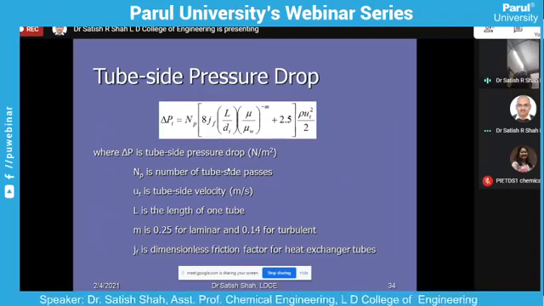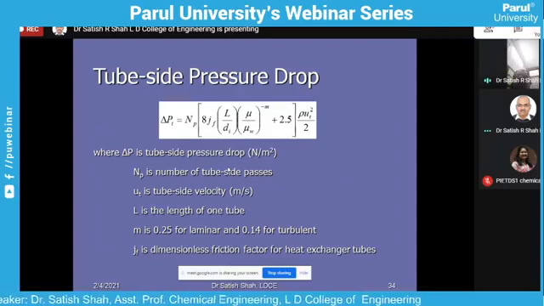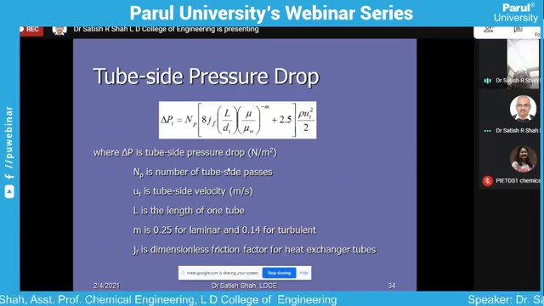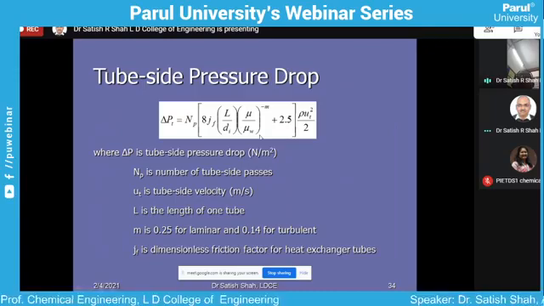Similarly, you can calculate the pressure drop on the tube side also using this formula. What is the pressure drop formula? Delta PT is equal to NP into (8 JF into L upon DI into (mu by mu W) raised to minus m, plus 2.5) bracket complete, into rho UT square by 2.